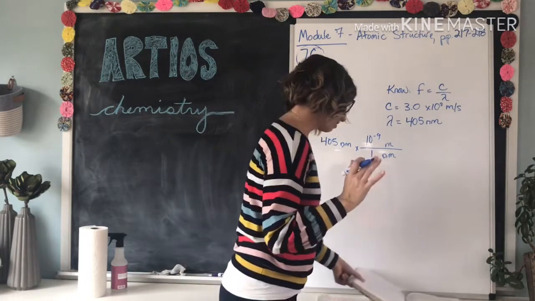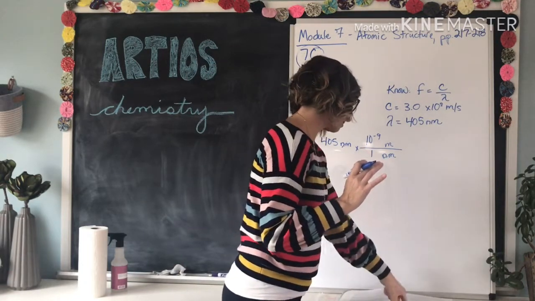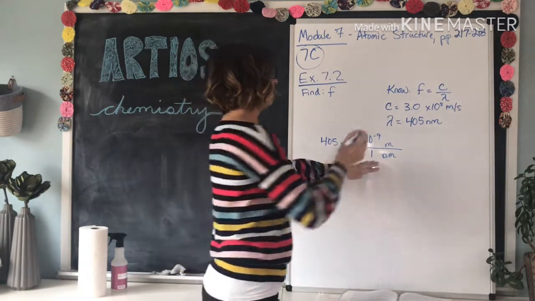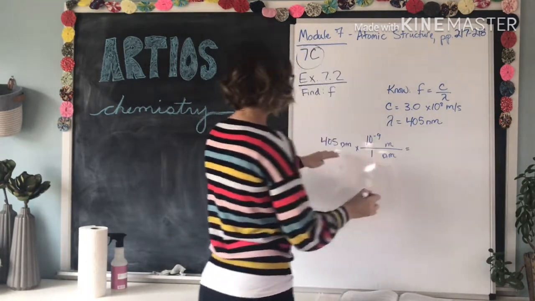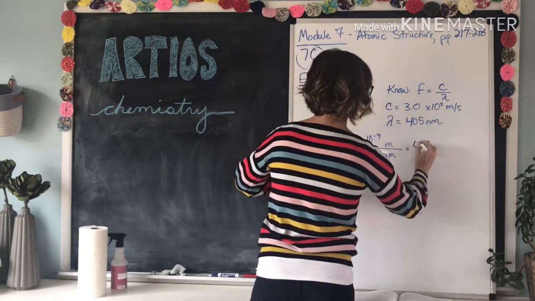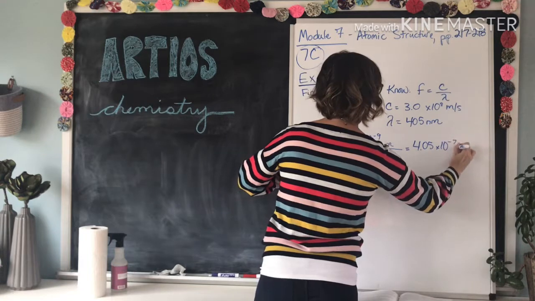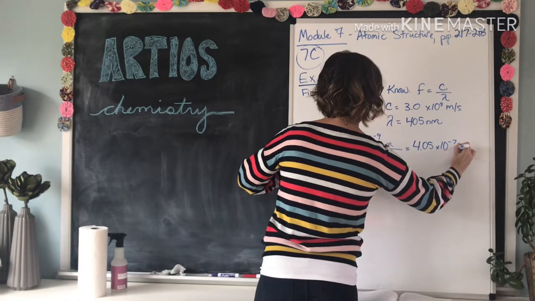In the problem, it gave us the prefix. Nano means 10 to the negative 9th. So if I plug that into my calculator, I will get 4.05 times 10 to the negative 7th meters.